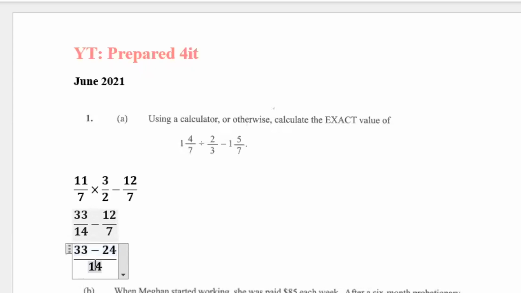So our denominators are now the same, and we can now go ahead and subtract. So what we'll have is 33 minus 24, that will give us 9. Our denominator remains the same. So our final answer is 9/14. And this fraction calculates to its exact value.